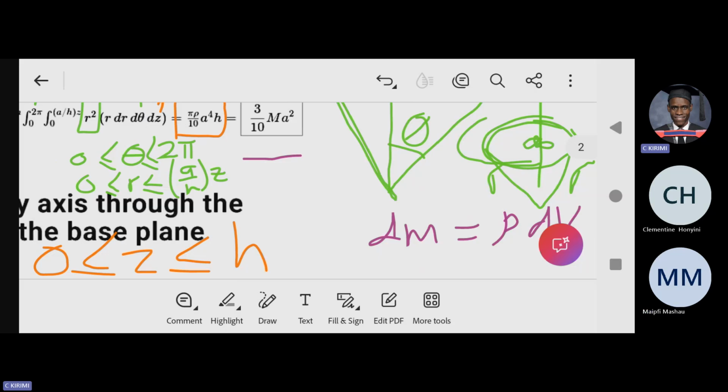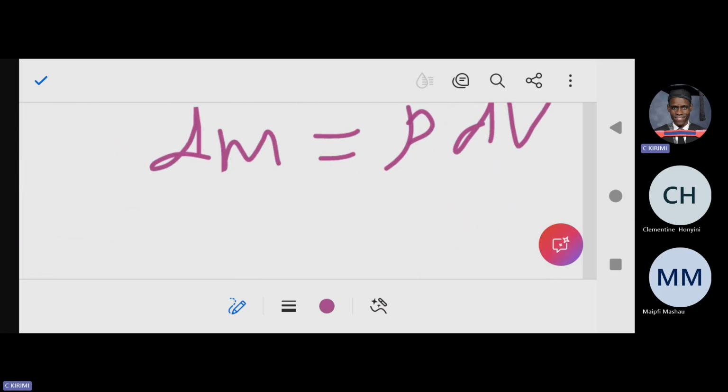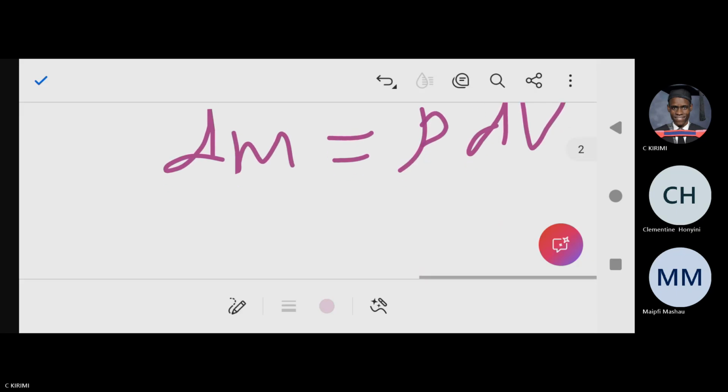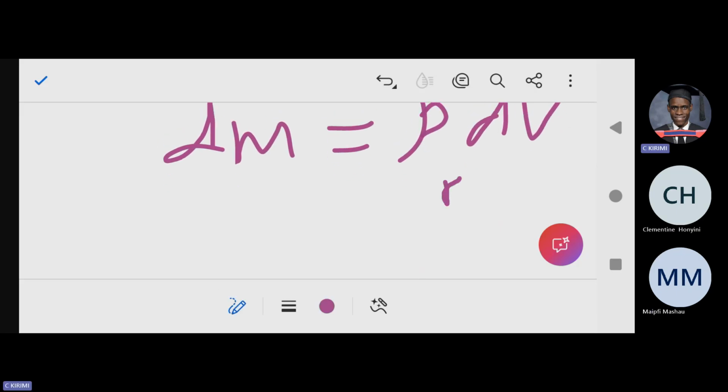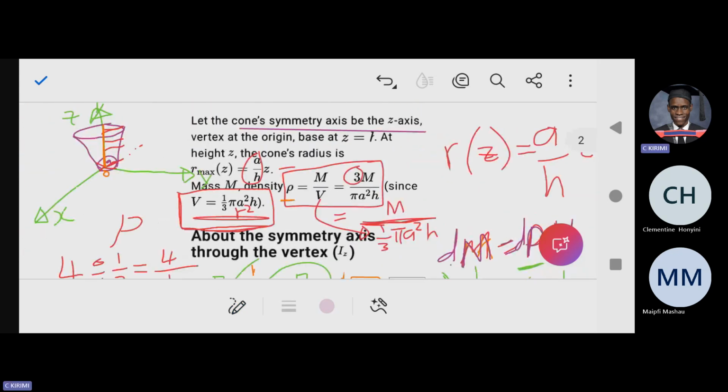So that dV is given by r dr d theta dz, given by the dimensions which are here.